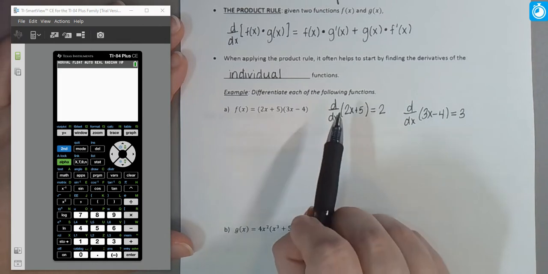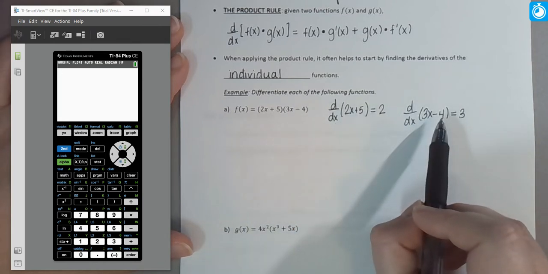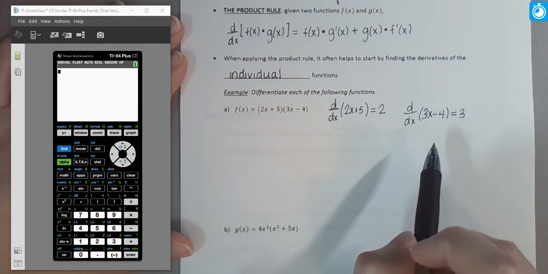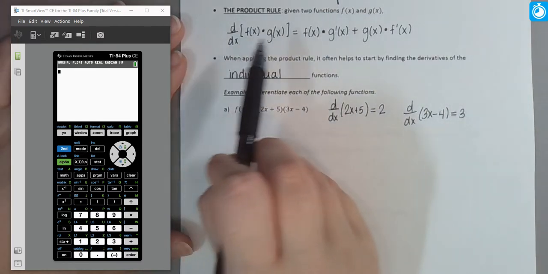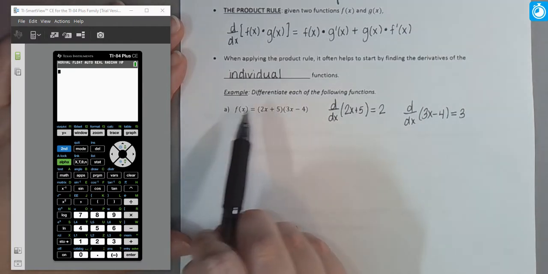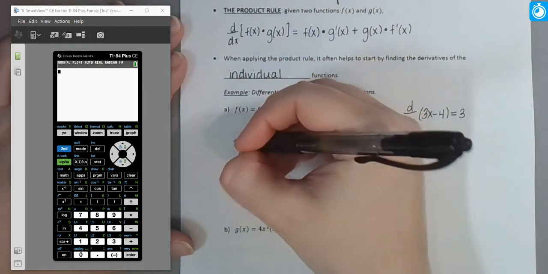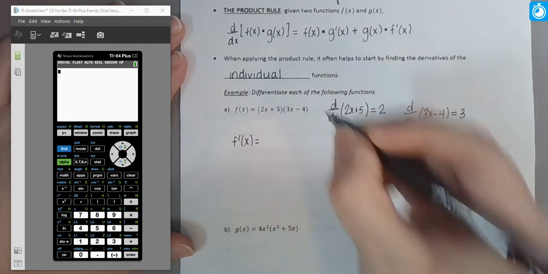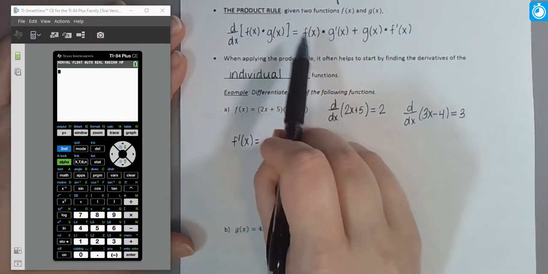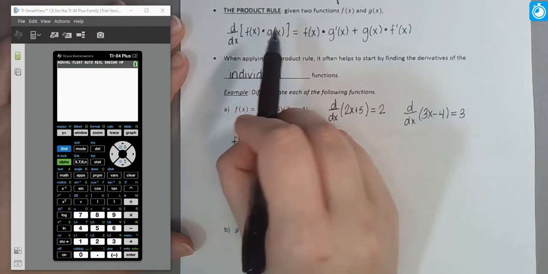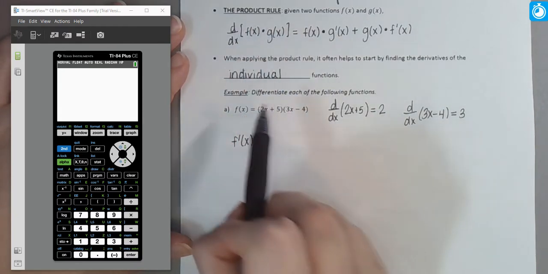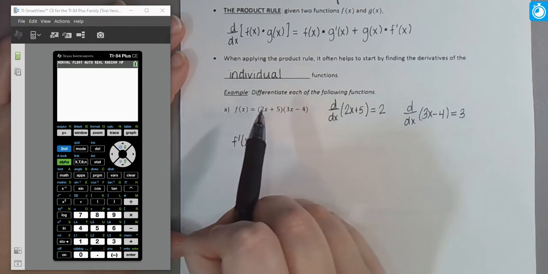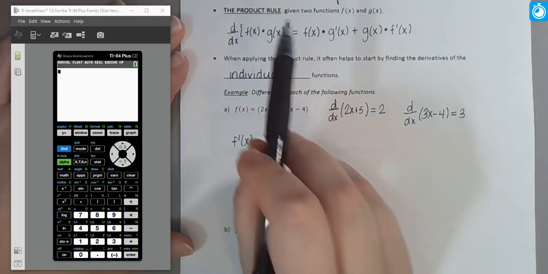So notice here, because of the form of our two original expressions, the derivatives were both constants. So now I'm going to use my product rule to find the derivative of this whole function. So f prime of x is defined as the first expression. Now notice here we're calling each of the individual functions f and g. Here the whole function is referred to as f. So let's just think of it as the first expression and then the second expression.